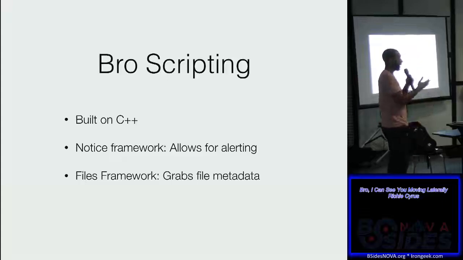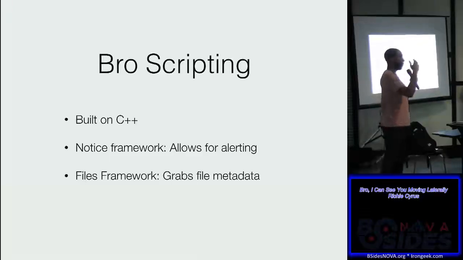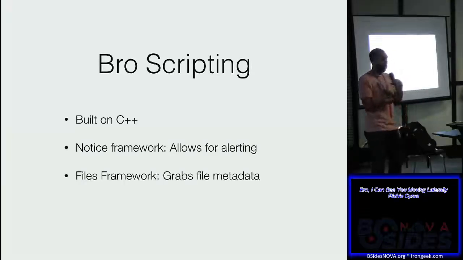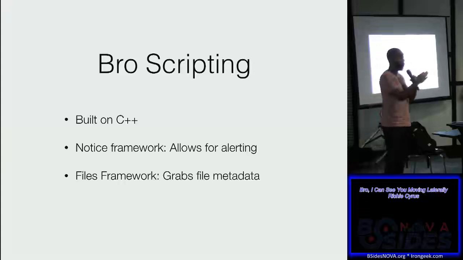A lot of SOC teams would do the same thing, and it's kind of repetitive. So you would look for some malicious activity going on, and you would find a way to automate that so that you can do some correlation between the different logs, maybe SMB logs and maybe RDP logs, and then create a different notice that isn't built in by default. You could do that through the notice framework, which allows for alerting.